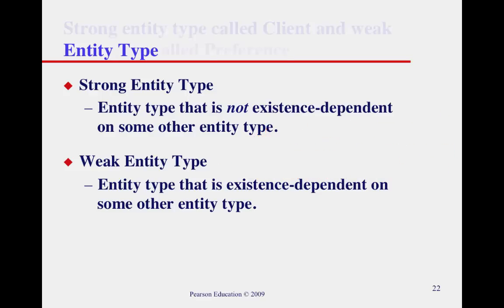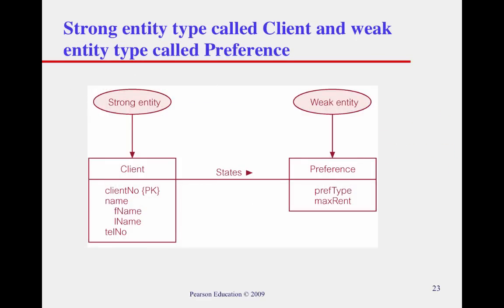Now, the book is actually showing this thing as an entity. In general, I prefer just to have strong entities and just show them. But this is another way, in this case, to do it. You could separate out the multi-valued attribute into a separate entity. You can separate out the optional attributes.